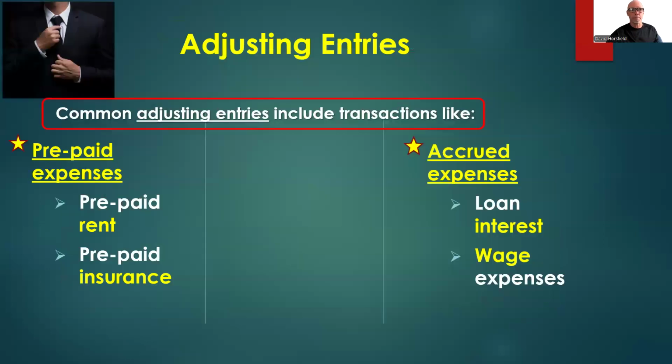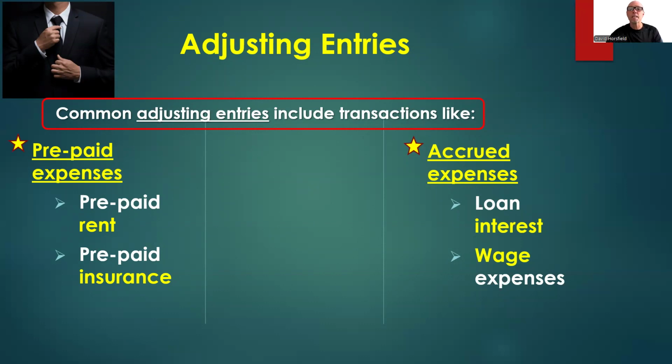So let's go and play with it. There are some common adjusting entries that fall into some categories. Those categories, follow the stars: prepaid expenses, where we could prepay rent, like at the start of the year, we could pay rent for the whole year so we don't have to make any further rent payments throughout the year. But what we would do is make adjusting entries that pick up the monthly equivalent of those rent payments. So prepaid expenses could be prepaid rent or prepaid insurance, like that previous example.